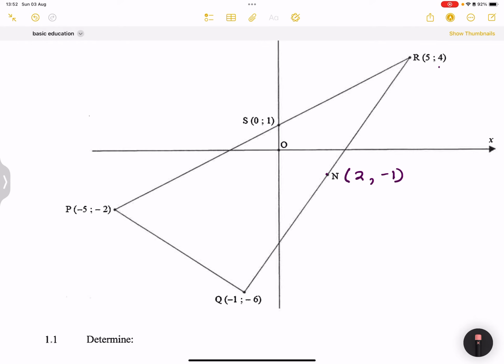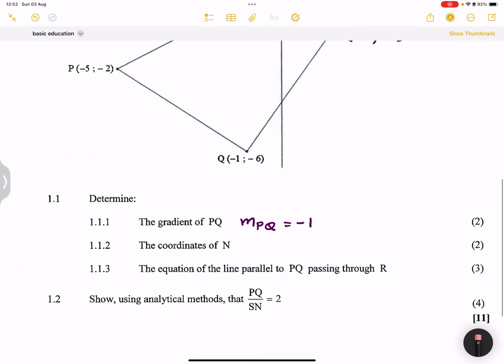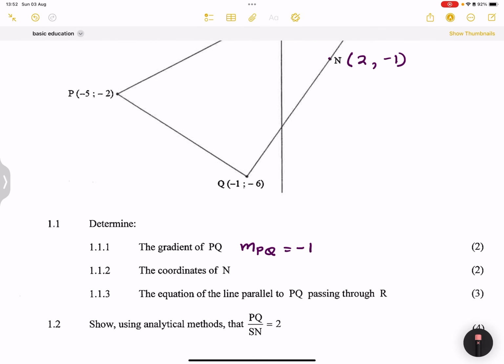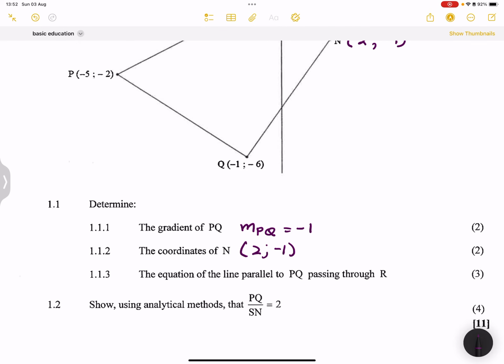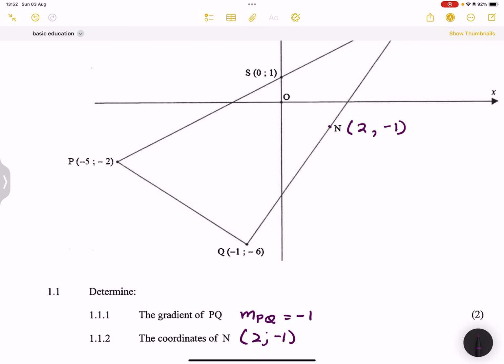So let me just write those coordinates over there. That's 2 and negative 1. They say to us, the equation of the line parallel to PQ passing through R. Remember, when lines are parallel, we know that their gradients are the same.